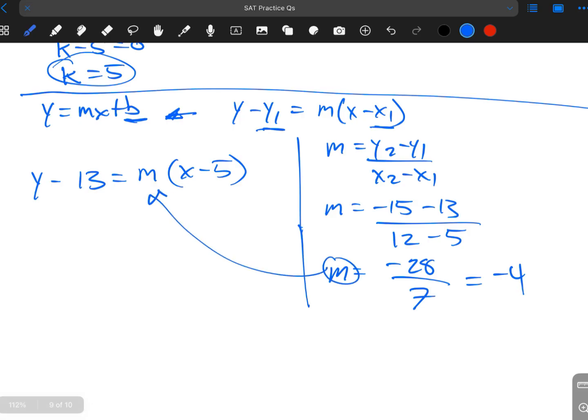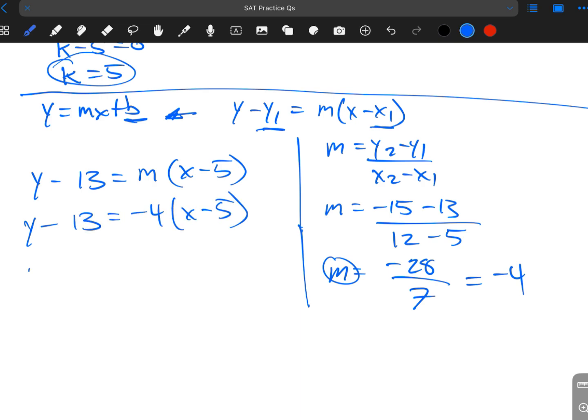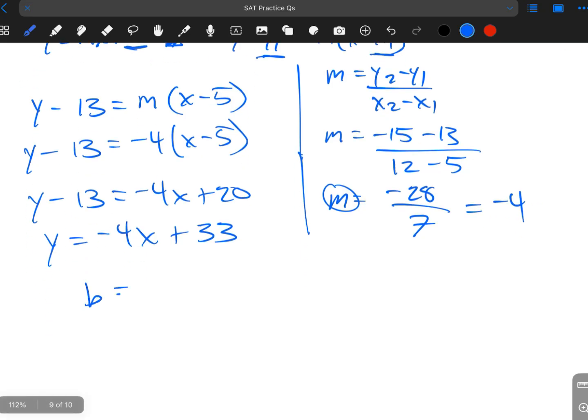We can just plug that into here. So y minus 13 is equal to negative 4 times x minus 5. So y minus 13 is equal to negative 4x plus 20. Y is equal to negative 4x plus 33. So your y-intercept is 33.